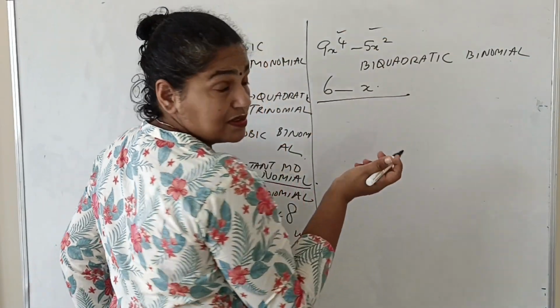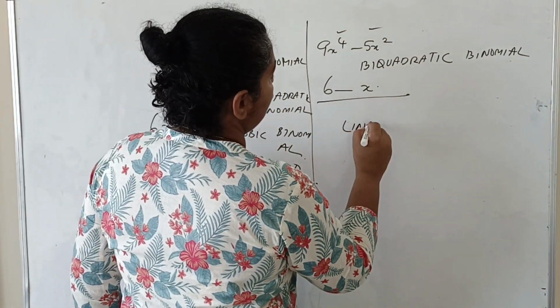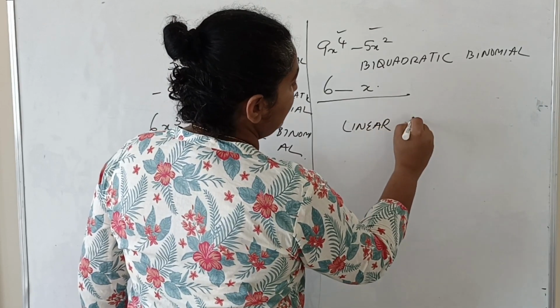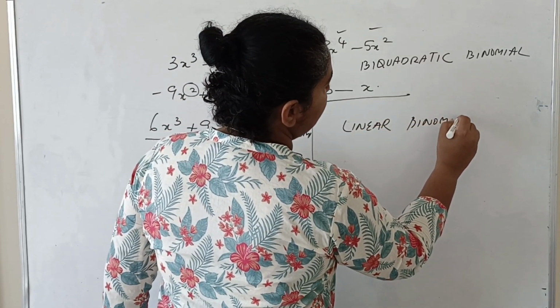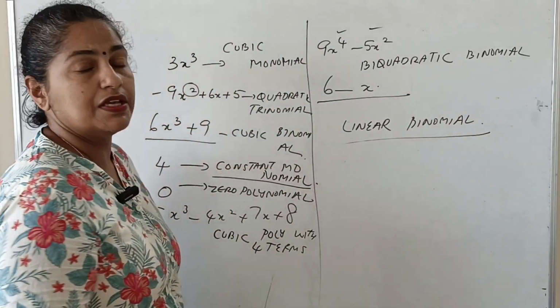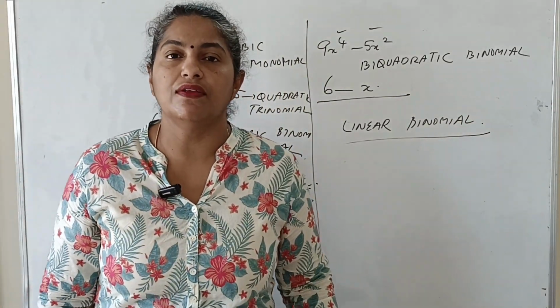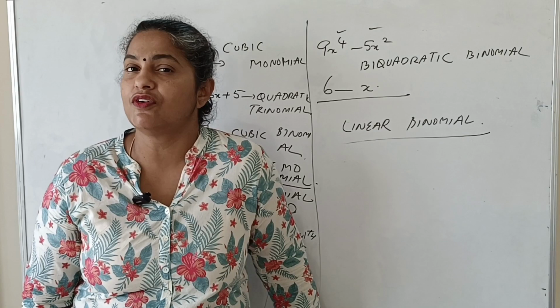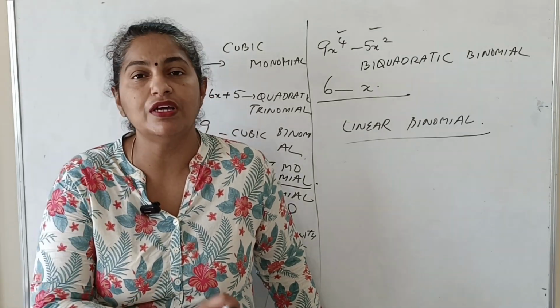This is a linear binomial. Degree is 1 and the number of terms is 2. This is how you classify a given polynomial based on the degree as well as the number of terms.